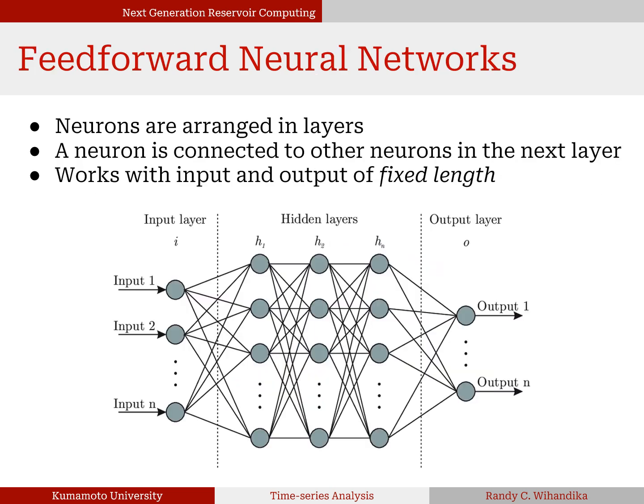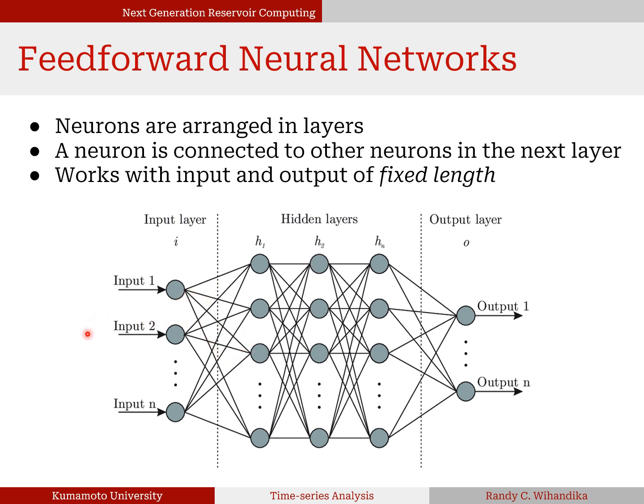There are many types or architectures of neural networks, and one of the most popular is the feed-forward neural network, where the neurons are arranged in layers. So here we have the input layer, or layer number 1, and layer number 2, 3, 4, and so on. A neuron is connected to other neurons in the next layer, like we see in this picture.